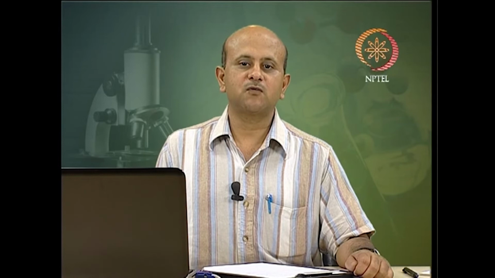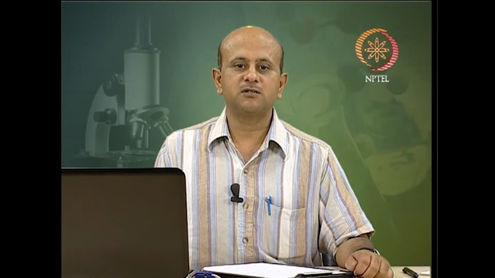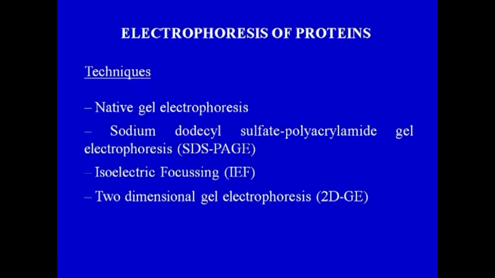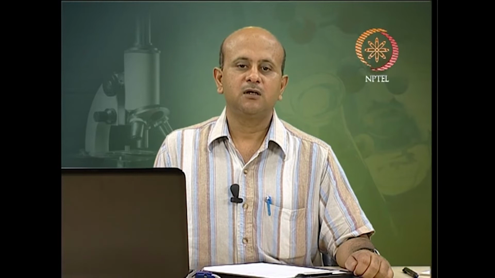Now, native gel electrophoresis is one where the analyte is separated according to the differences in apparent mobility, and the protein is not denatured here. Then there is SDS-PAGE, or sodium dodecyl sulphate polyacrylamide gel electrophoresis, where analytes are denatured because of SDS and they are separated according to size.